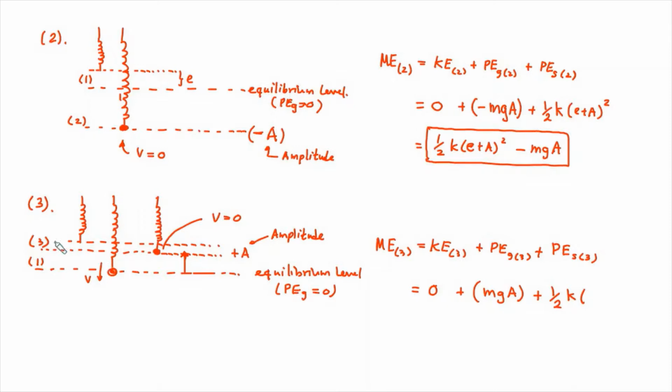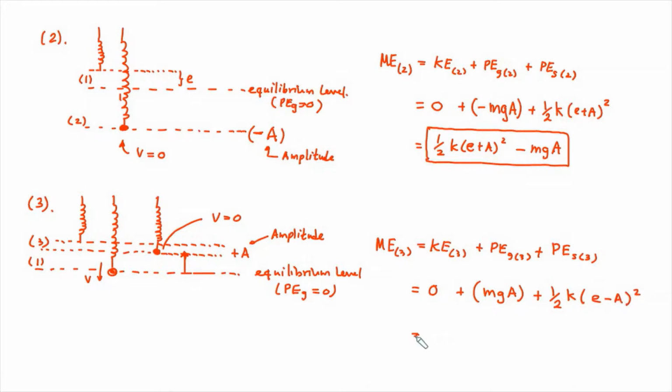Now here you can see this shows the natural length of the spring. So the new length, the new position is level 3. The separation between those two is going to be E minus A, squared.